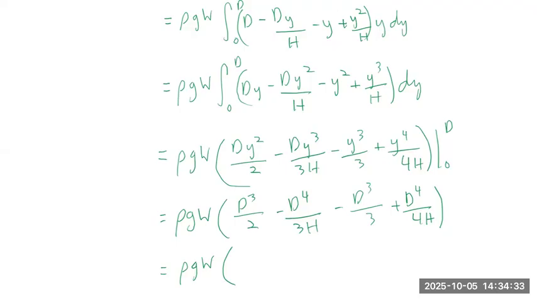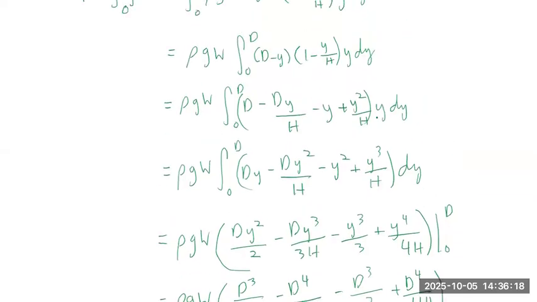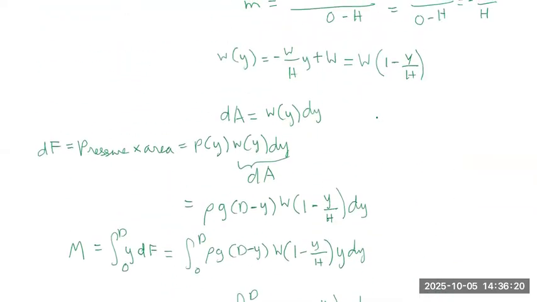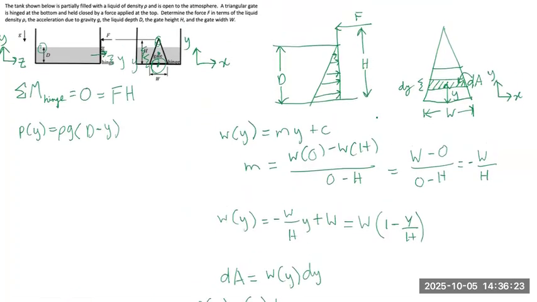So that amounts to d cubed over 6 minus d to the power 4 over 12h. Let me double check to see if that is correct and I'll get back to you. That is indeed correct.